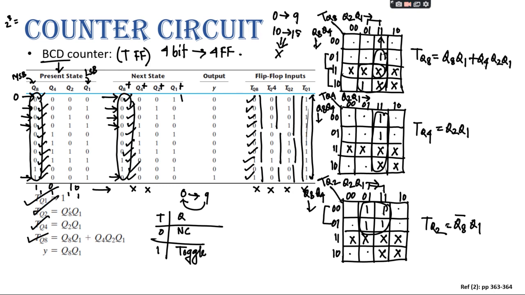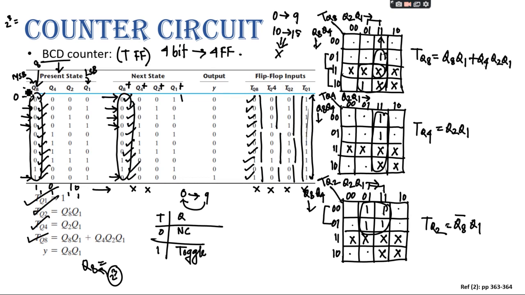Yes, sir. Sir, why are we always writing Q8, Q4, Q2, Q1 here? Q8 means 2 to the power 3, right? So it is representing that it has a position value of 8.